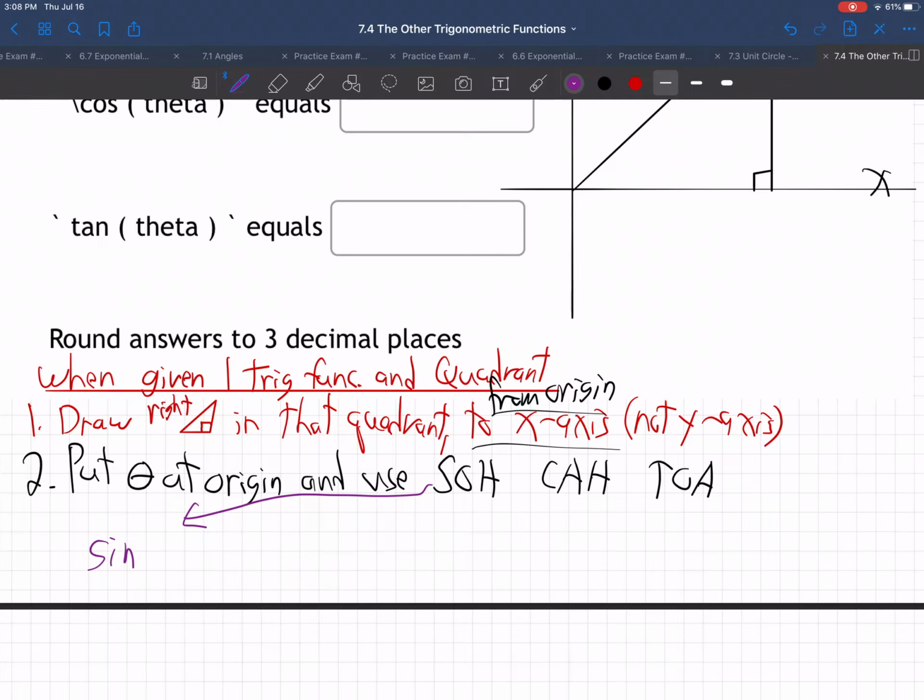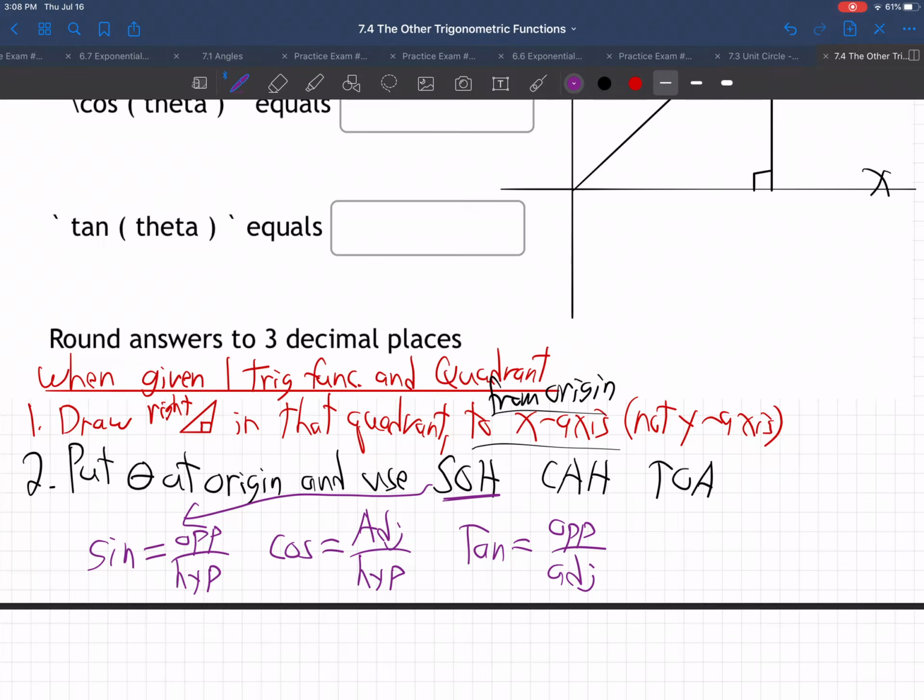That's one way of defining it. Here's the other way. Sine is opposite over hypotenuse. That's what OH means. And cosine is the adjacent side over the hypotenuse. And tangent is the opposite side over the adjacent. SOHCAHTOA. So use that definition.